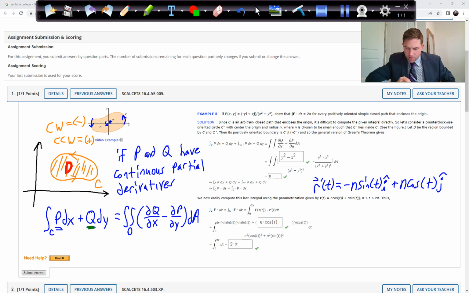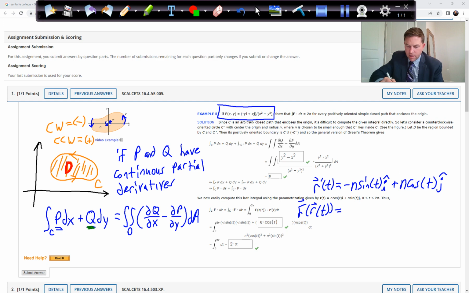And let's see what they want us to do. So they want us to dot this with the function evaluated at r of t, so we have to replace x with n cosine t and y with n sine t in this function.